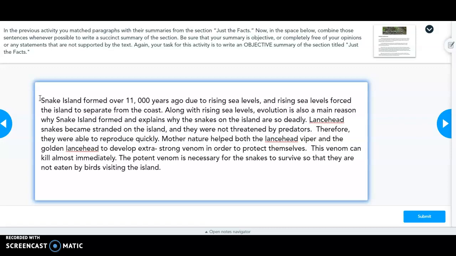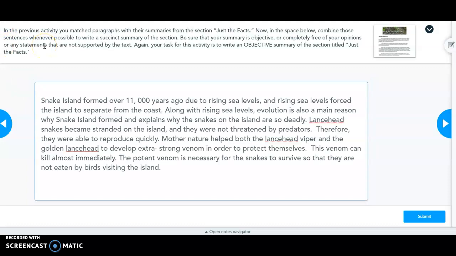Therefore, they were able to reproduce quickly. Mother Nature helped both the lancehead viper and the golden lancehead to develop extra strong venom in order to protect themselves. This venom can kill almost immediately. The potent venom is necessary for the snakes to survive so that they are not eaten by birds visiting the island.